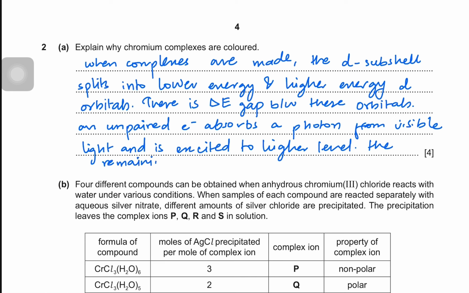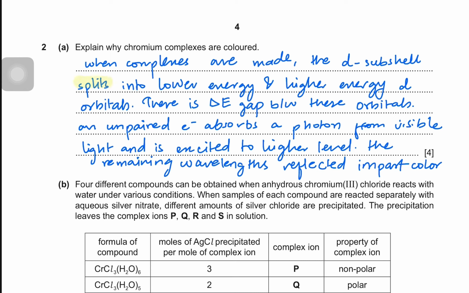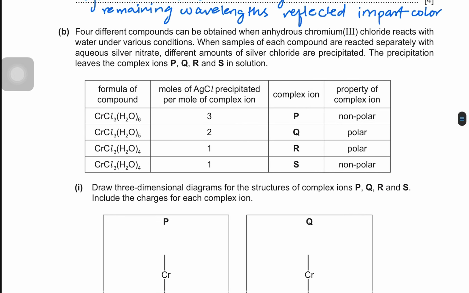The remaining photons, like we talked about already, the remaining wavelengths reflected back impart the color that you see. So that is enough for 4 marks. You need to talk about the keywords here. So your keywords should be the d subshell splits, lower energy, higher energy, the idea of delta E, the idea of absorbing a photon, and then obviously reflecting it.